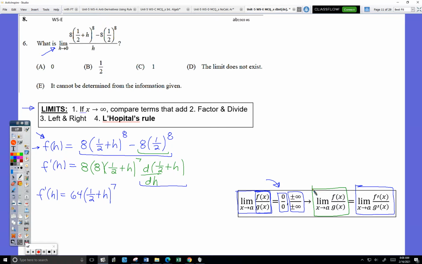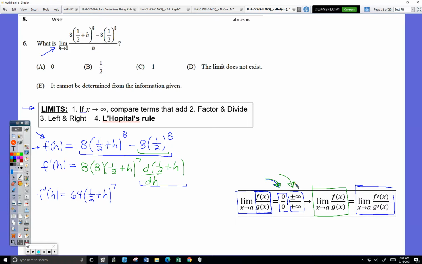Now the limits only match if your first attempt at finding the limit results in one of these two indeterminate forms. Otherwise, L'Hopital's rule doesn't work, so you can't use it all the time. So, questions? Please.